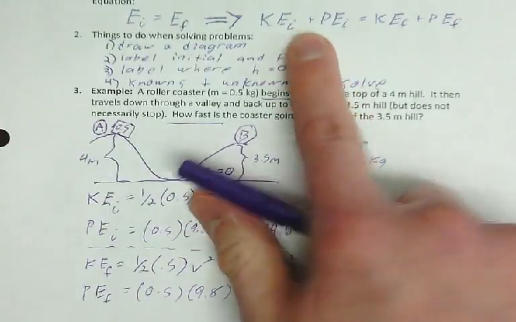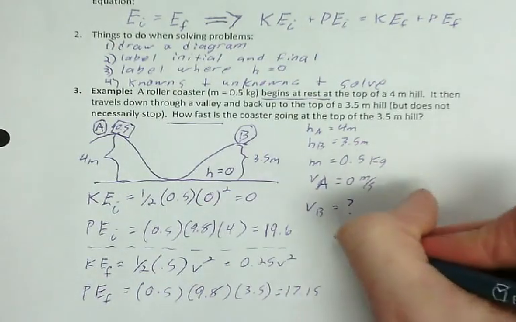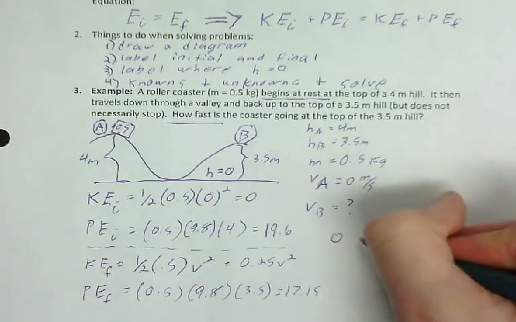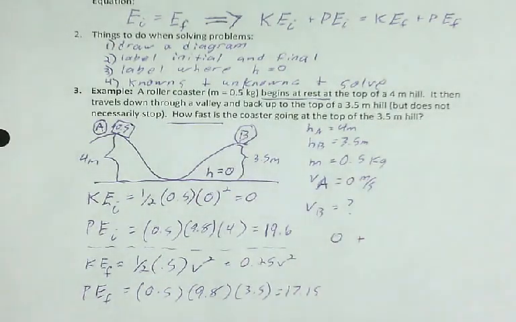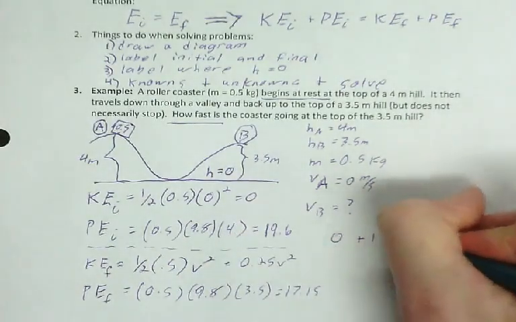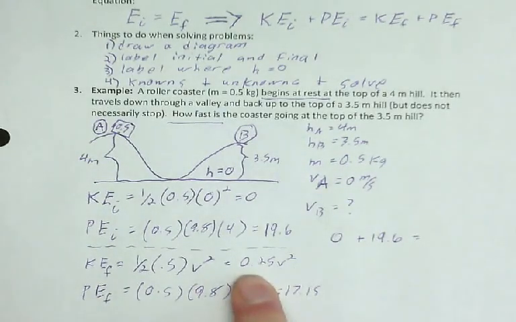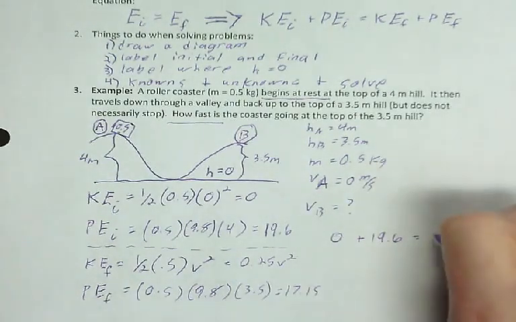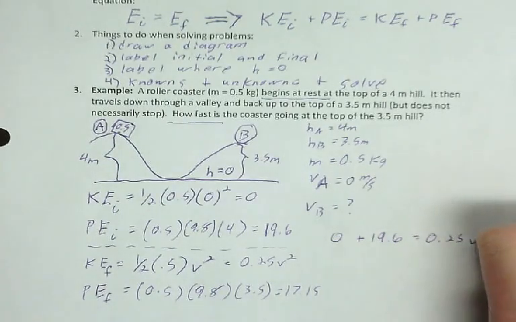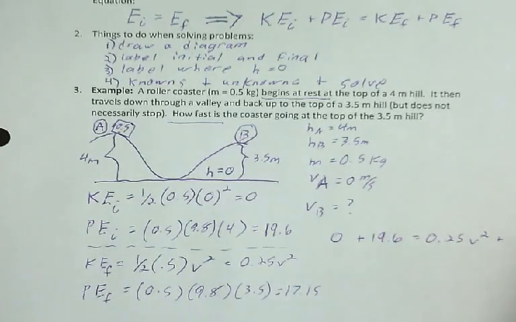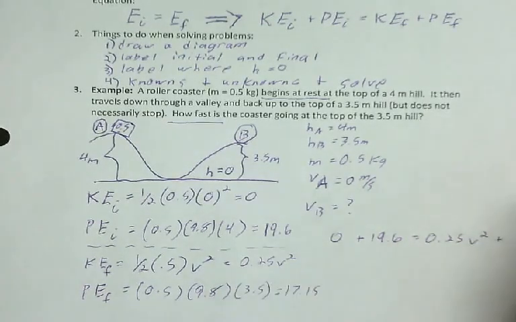So KEI is 0 plus PEI is 19.6 equals KEF 0.25 V squared plus PEF 17.15.